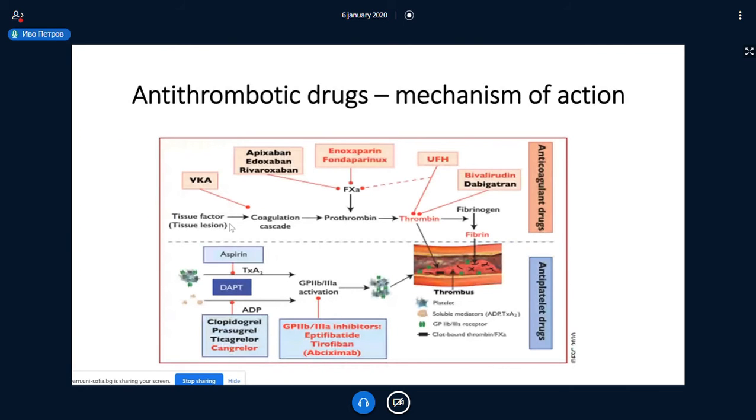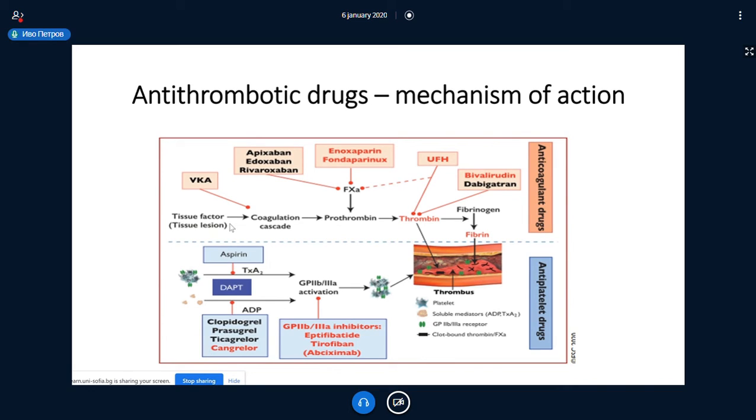Antithrombotics. We are going to speak about thrombus many times when we speak about cardiovascular disease, and this is the reason why many authors and colleagues speak not about atherosclerosis, but about atherothrombosis, because the final step, the most devastating step of the process of atherosclerosis growing, is thrombosis, thrombus formation.